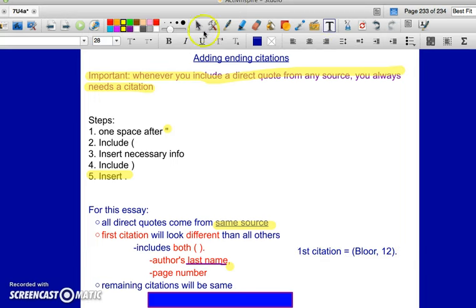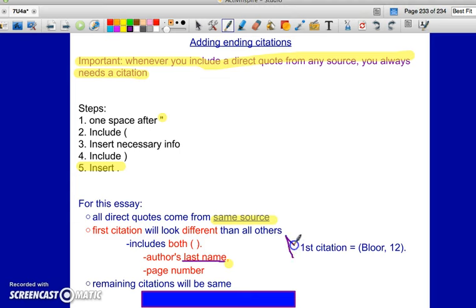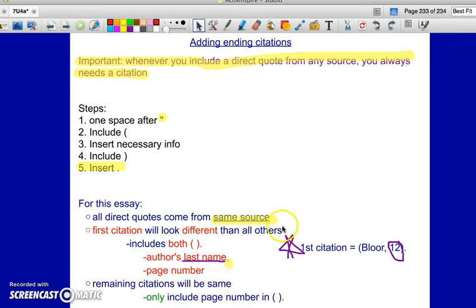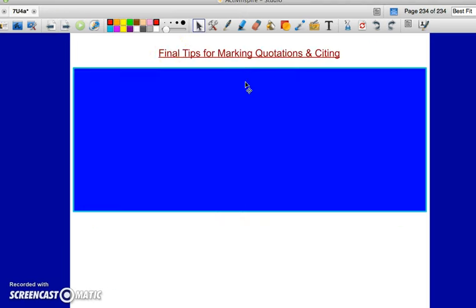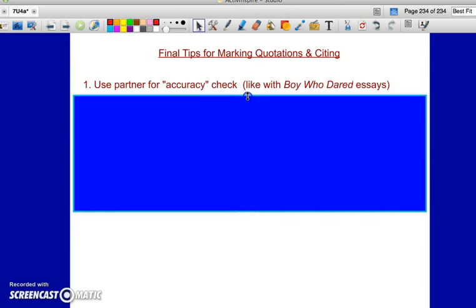So this is what your first paragraph, first detail should look like. Probably not the page number though. All of your remaining citations will look different than this one. They will all be the same because the only thing that they will include is the page number in the parentheses. That's it.